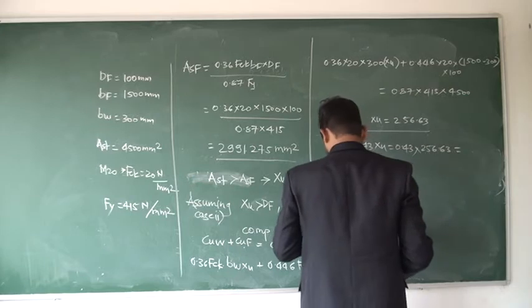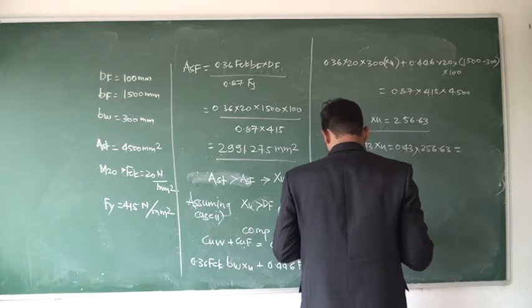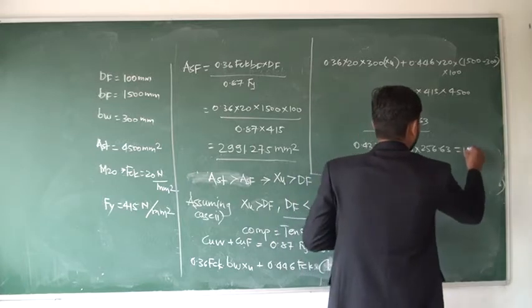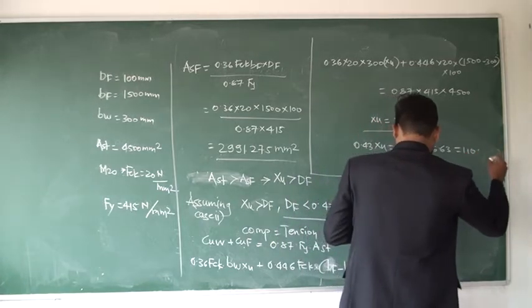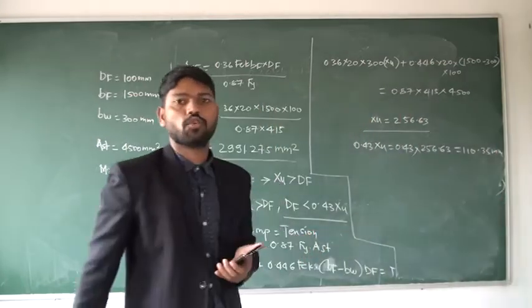If you calculate this 0.43 XU, it is 110.35.